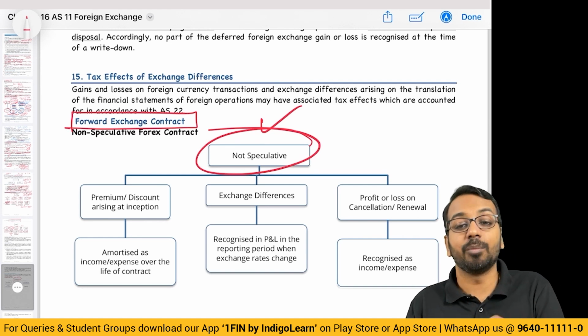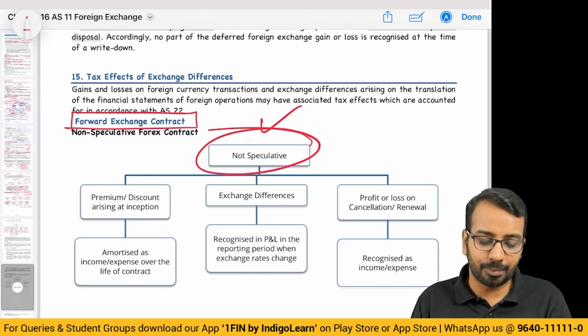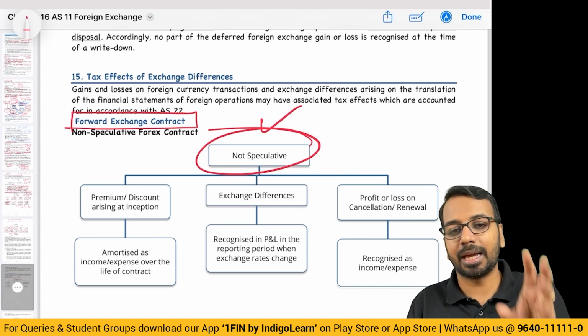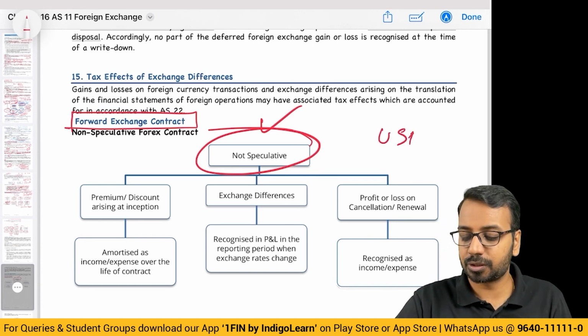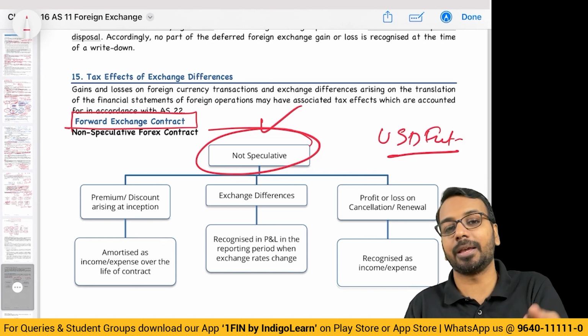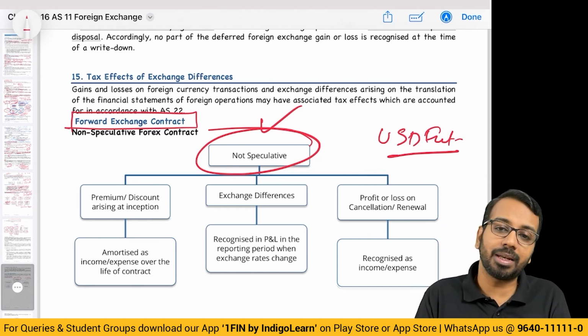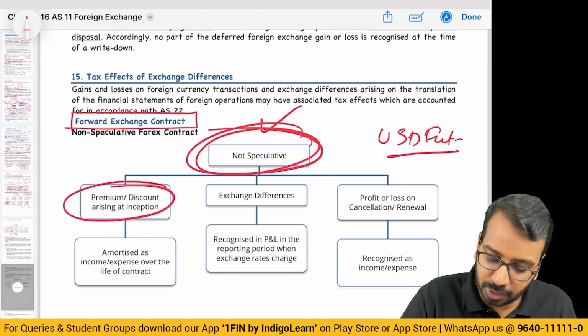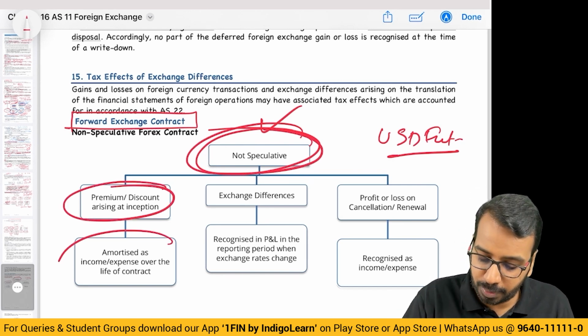I want to make money because of exchange rate differences. For example, even if I don't have to pay money to Kaplan, I can go to the market and buy USD futures, similar to forward. And if the rate increases, I make money. That is speculative.